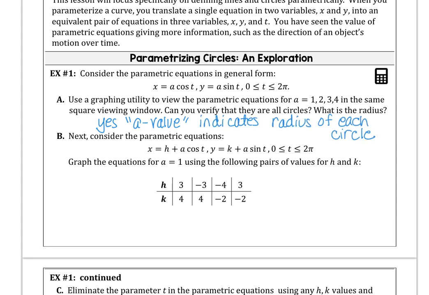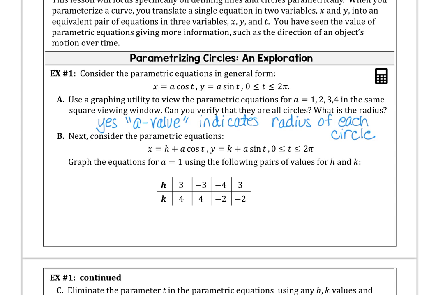Next, let's consider the parametric equations x equals h plus a cosine t and y equals k plus a sine t on that same interval. If you graph the equations where a is 1 and use the following pairs of values for h and k, we're going to see that the h, k values move the center of the circle with the radius of 1.